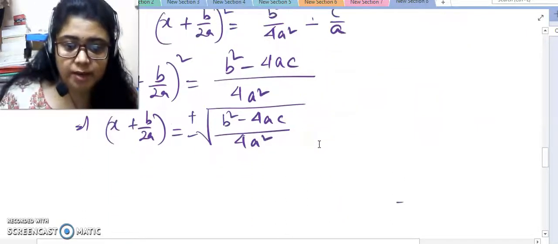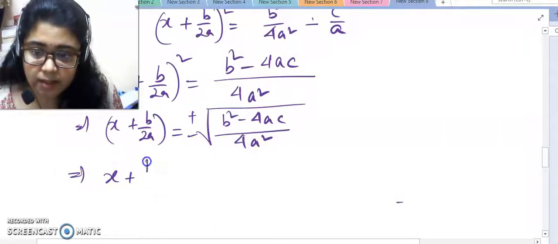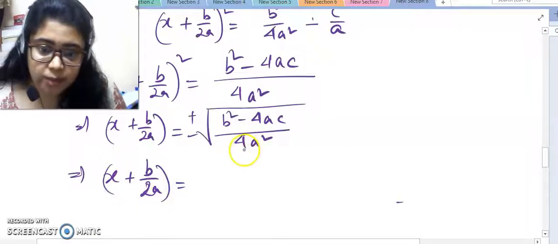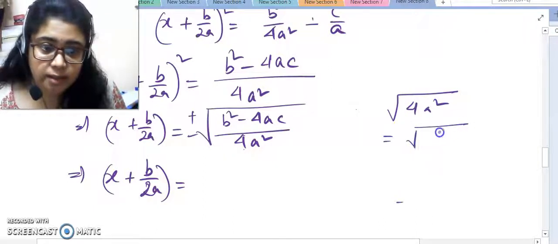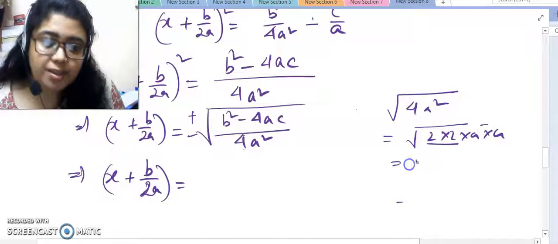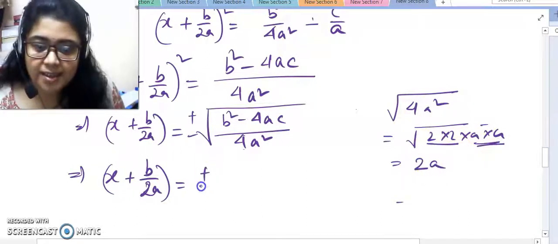From the square, if you want to take out any number or variable, what should be the rule? The rule should be: 4a square is 2 into 2 into a into a. From the double you just take 1, from the double you just take 1. Bas khatam.